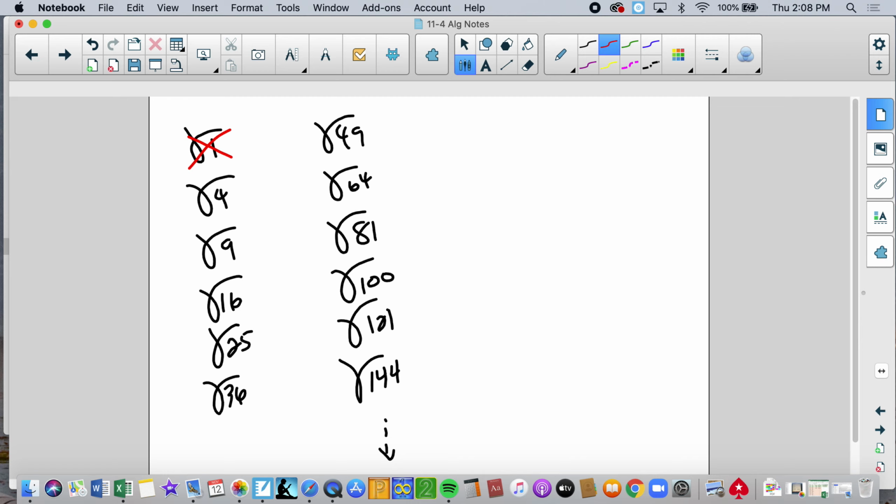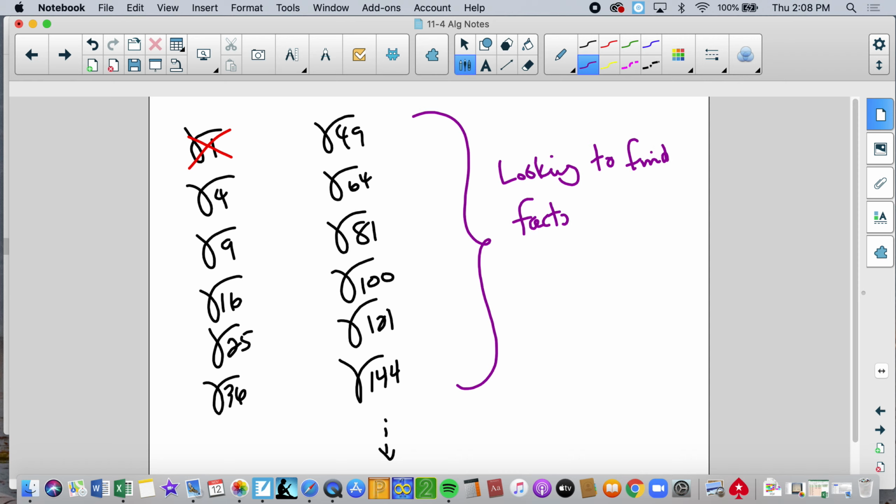What we want to look for is factors of the number we're dealing with that are perfect squares. Those perfect squares are 4, 9, 16, 25, 36.